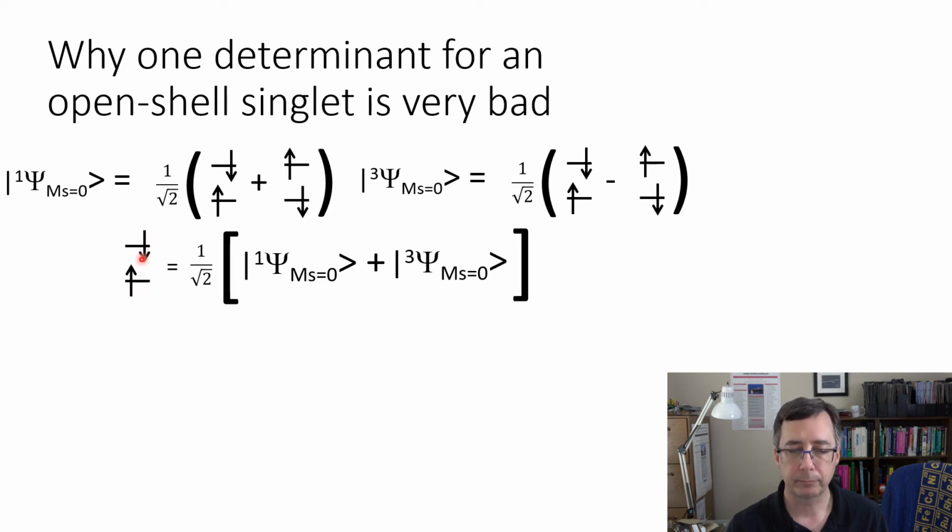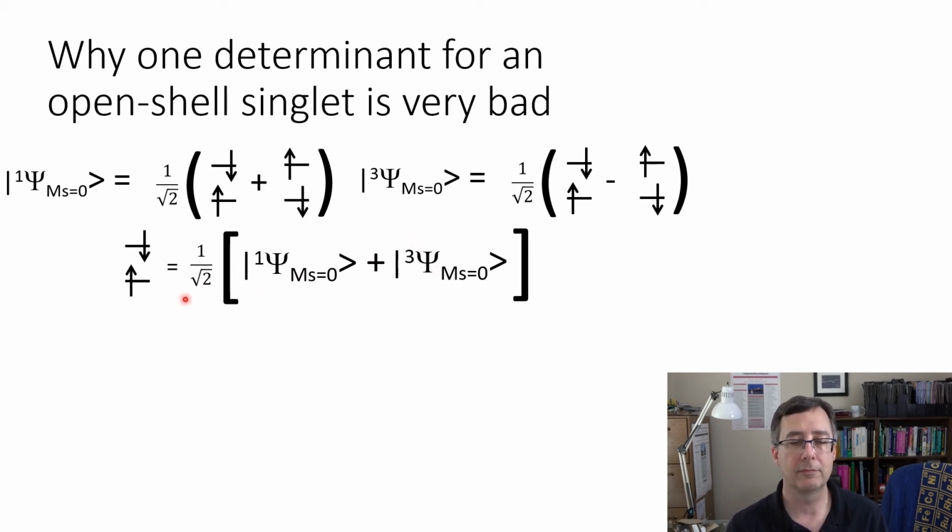I'm going to do that. Well, let me try to convince you that this determinant, if I only do one of them, is 1 over square root of 2, the singlet, plus the triplet, okay?